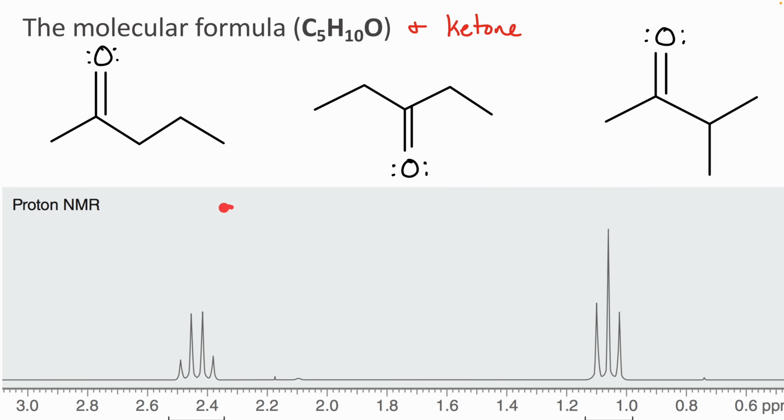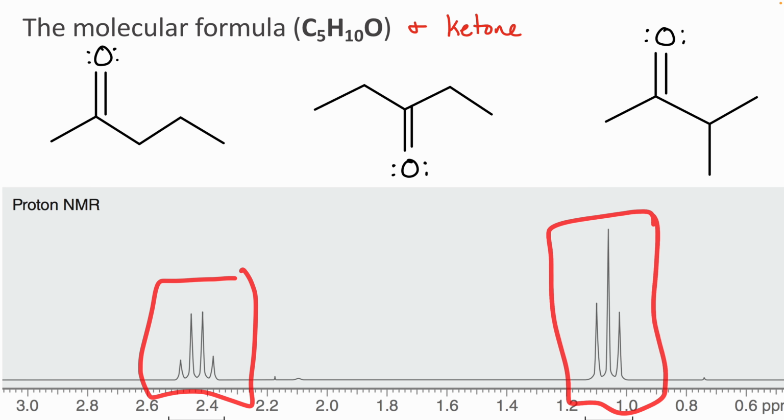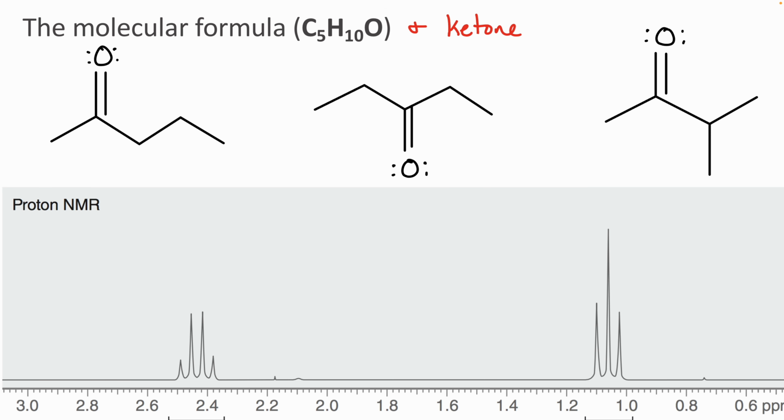What we can note is notably what's absent is this integration value here. That's because I really want you to focus on the multiplicity aspect of this, making sure that the structure you pick is consistent with the multiplicity pattern of these 2 peaks.